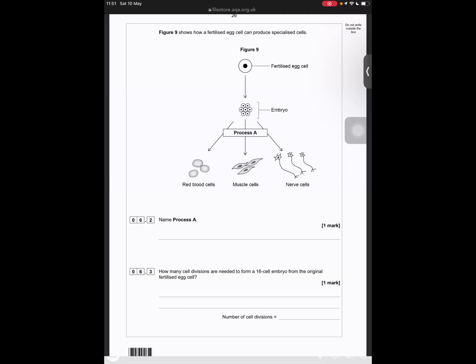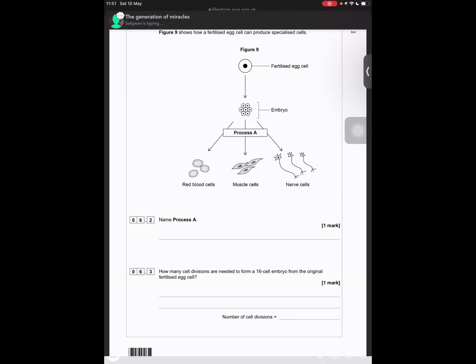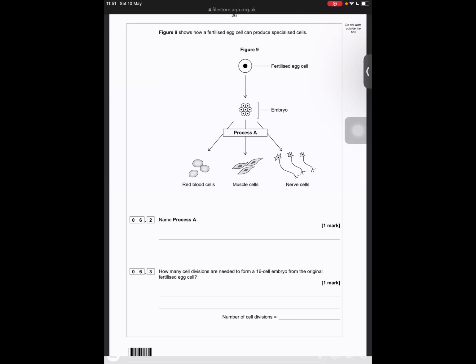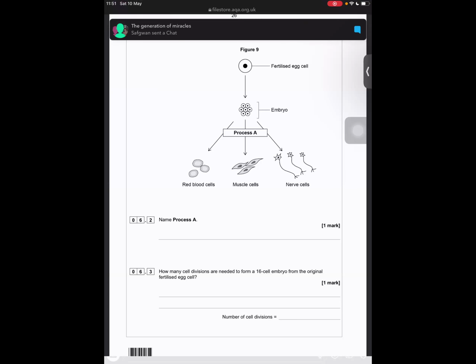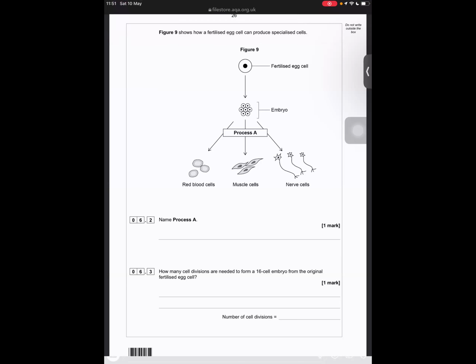That's just another way of asking the question. Do you think 8 will cut it? Do you think if we said 8, that would be correct?